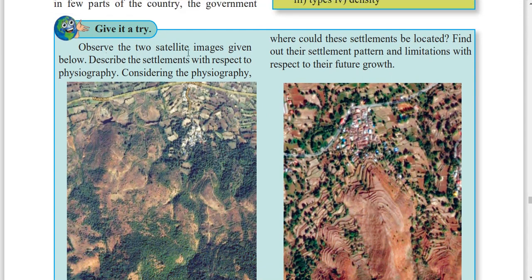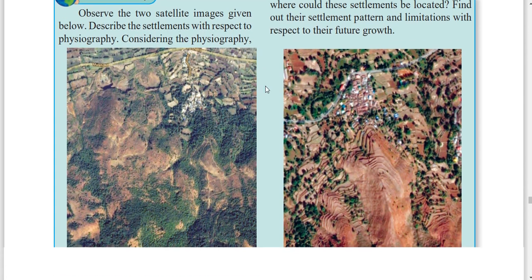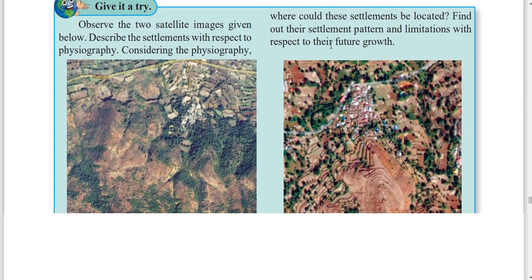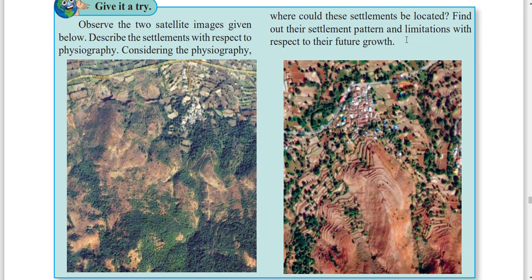Observe the two satellite images given below. Describe the settlements with respect to physiography. Where could these settlements be located? Find out their settlement pattern and limitations with respect to their future growth.